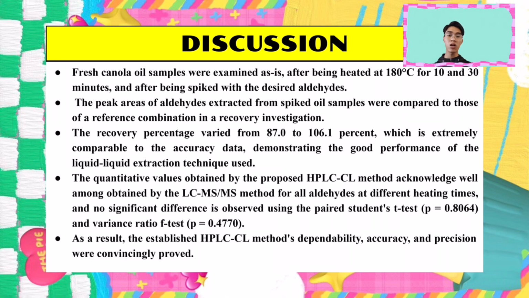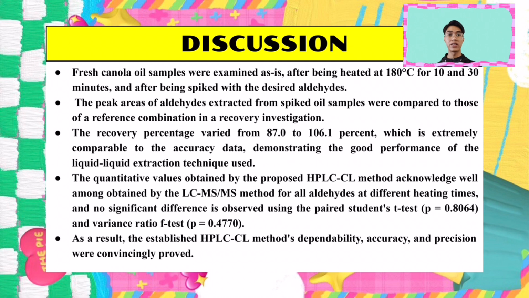LC-MS method. During this experiment, we analyzed fresh and heated canola oil samples. Fresh canola oil samples were examined as is, after being heated at 180 Celsius for 10 to 30 minutes, and after being spiked with the desired aldehydes. The aldehydes in the oil samples were then extracted with acetonitrile and derivatized with the DNPH.